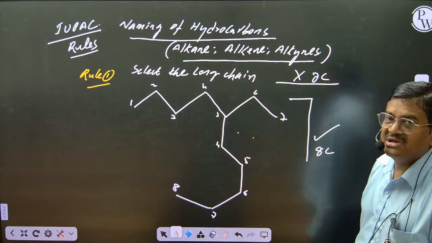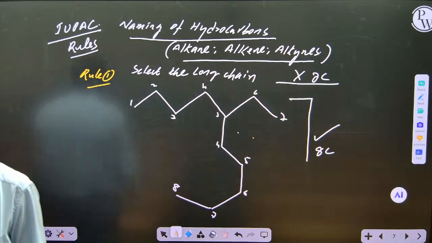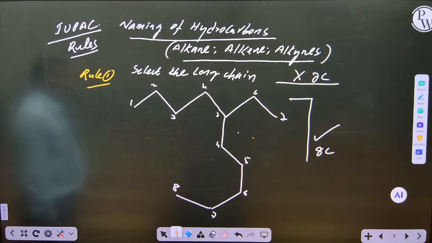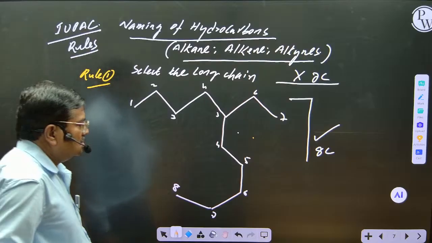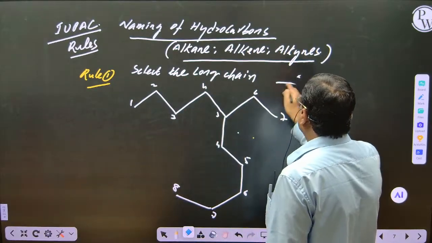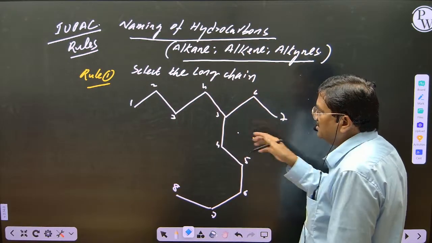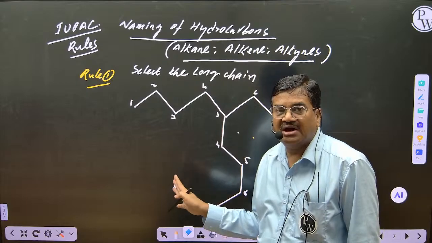More number of carbons is preferred. Straight carbon, we should not prefer. What way we have to select? Sidewise. Here you have to go down. Clear for all. This is rule 1.